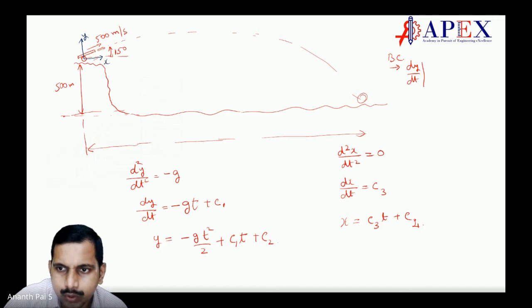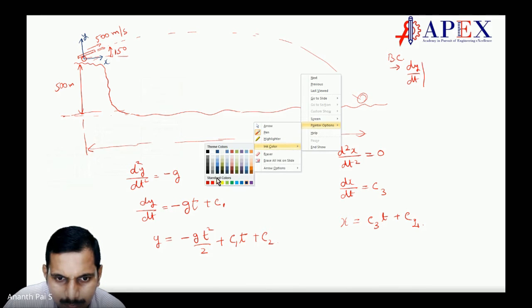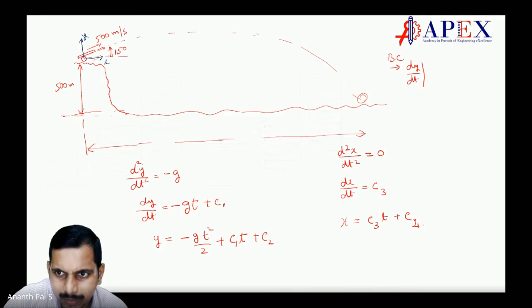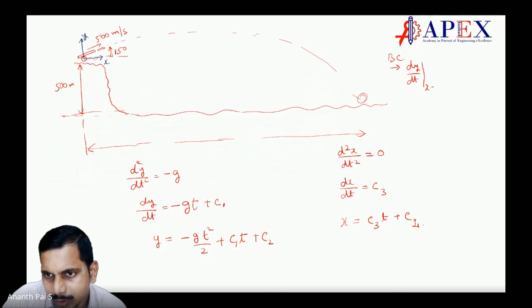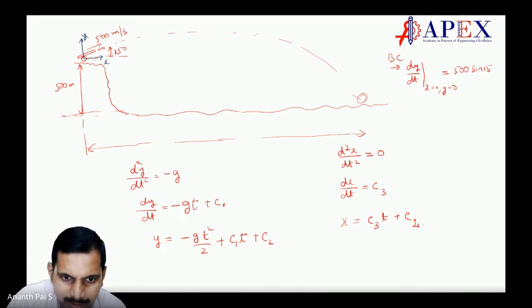So dy/dt at x equal to 0, y equal to 0, t equal to 0 is 500 sin 15 meters per second. This can go over here, and then you can find c1. What is dx/dt at x equal to 0, y equal to 0, t equal to 0?